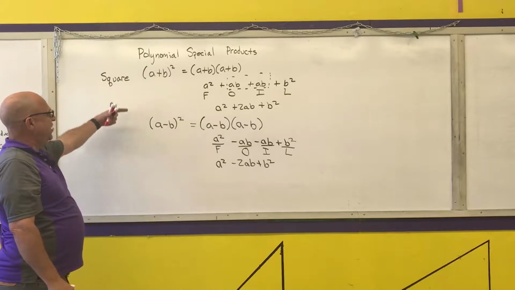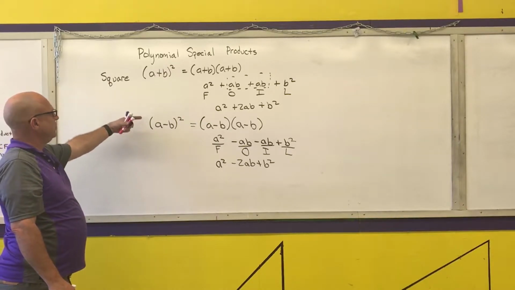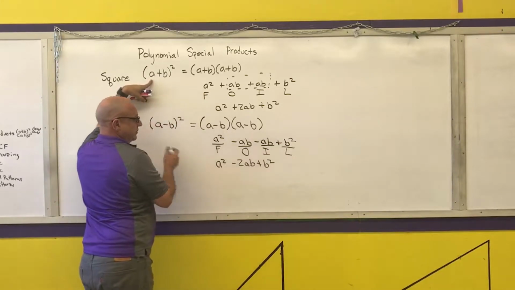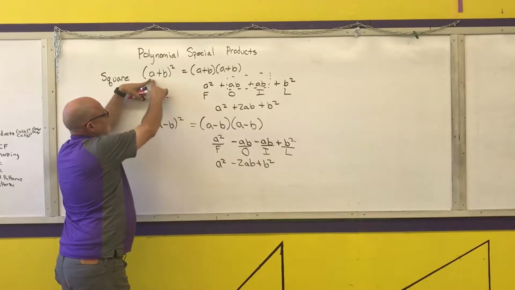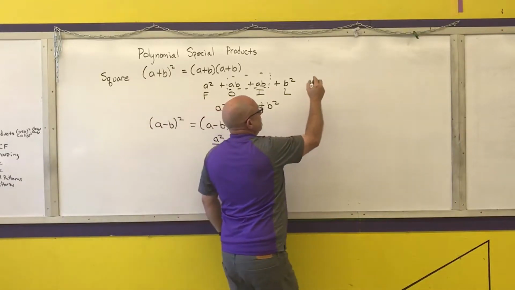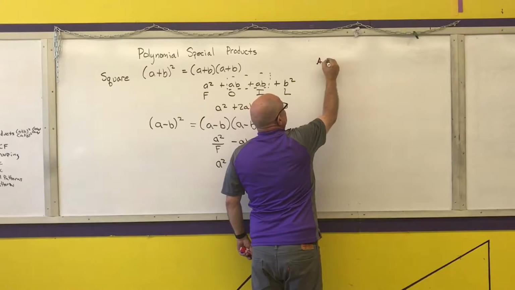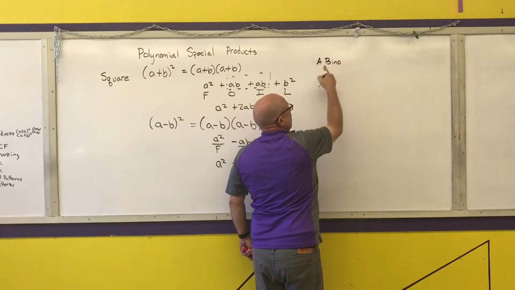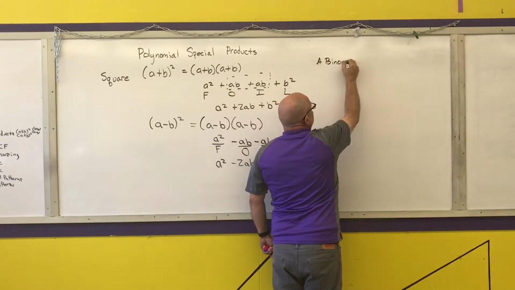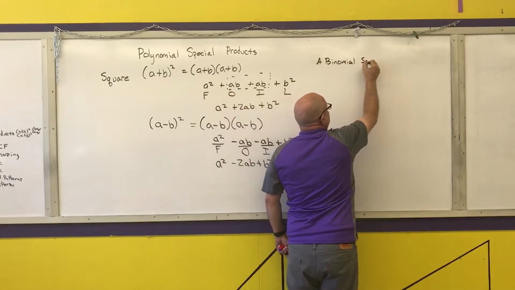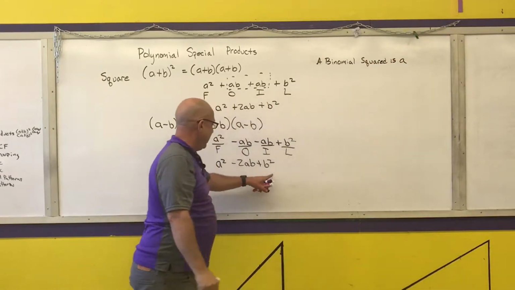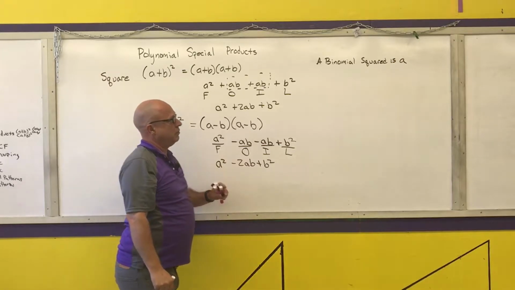So the pattern in words to come up with the answer is, notice I have a's and b's in both of these. So my first term is the first term squared. So a binomial squared. In your notes, you must write down this sentence that I'm writing down. A binomial squared is, it has 3 terms, so it's a trinomial.